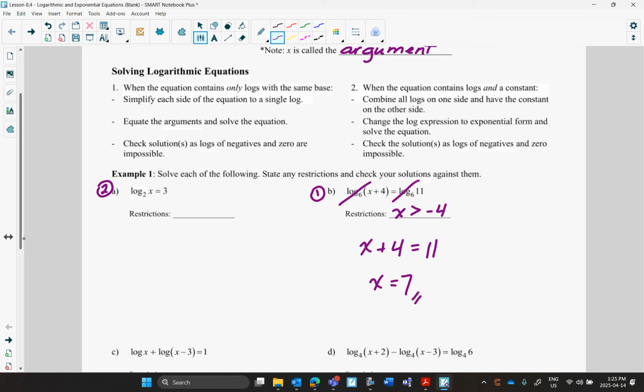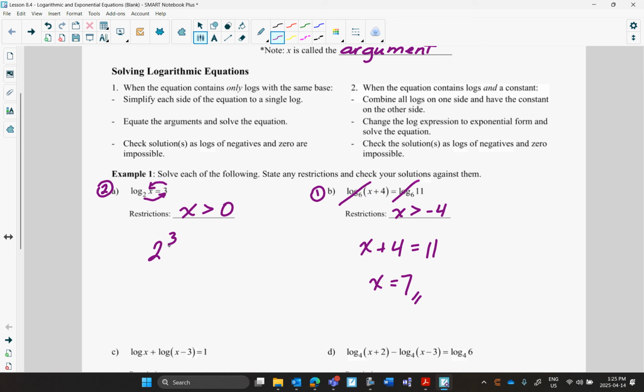If you have a log on one side and a constant on the other, you change it to exponent form and then solve it from there, after stating the restriction. So x has to be greater than what in this one? 0. Because we don't have the same logs on either side, we can't cancel them out. So we're going to change it, that means 2 to the third equals x.